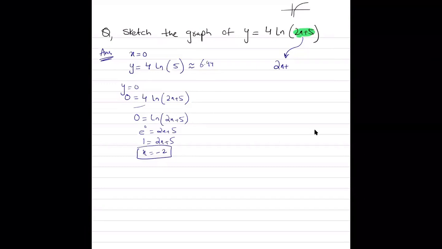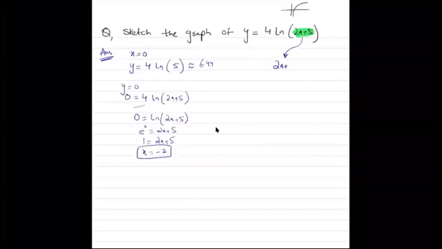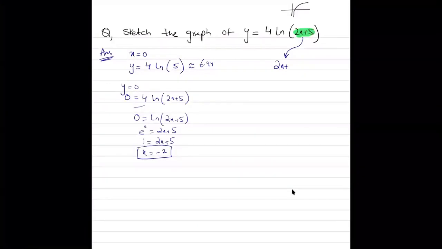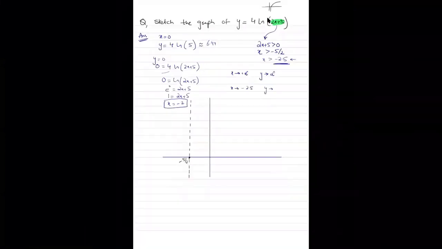So this means that my graph should be ahead of this, and as I am going to increase the value of x... Sir, are you drawing something? Because the screen's frozen. Yeah, I was trying something. Just give me a second.